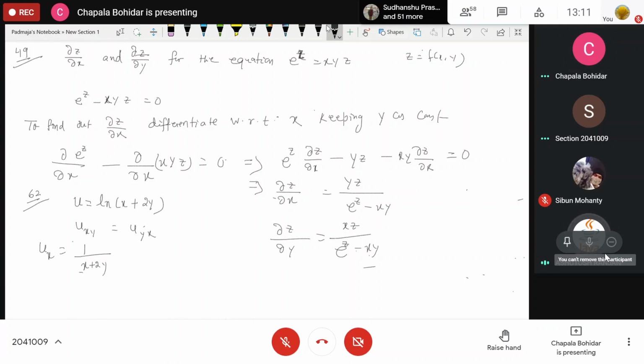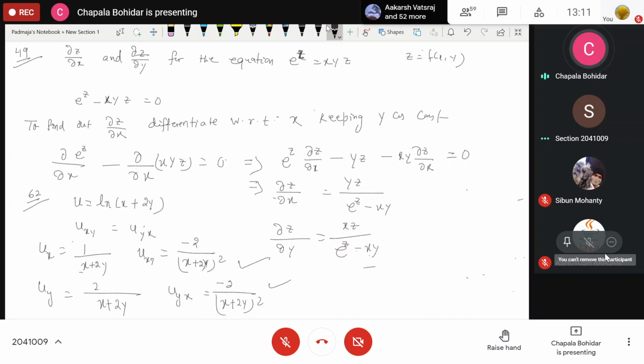Yes, ma'am, getting the same value. u of xy, differentiate again with respect to y, we get minus 2 by x plus 2y whole square. Similarly, u of y is equal to 2 by x plus 2y. u of yx, differentiate with respect to x, you get minus 2 by x plus 2y whole square. So both are the same, so it satisfies Clairaut's theorem.